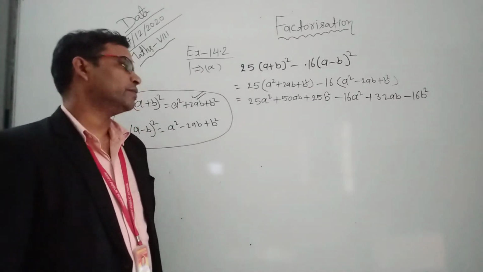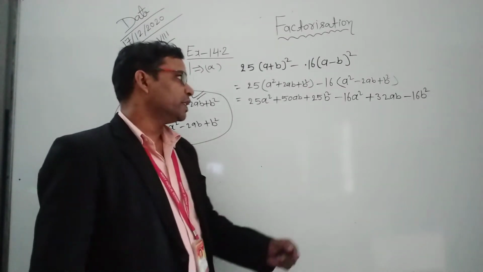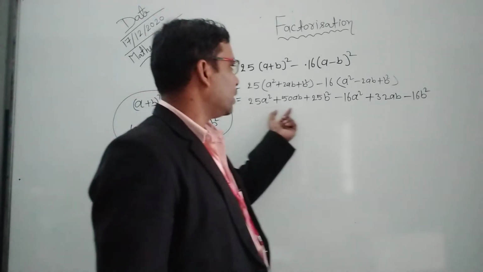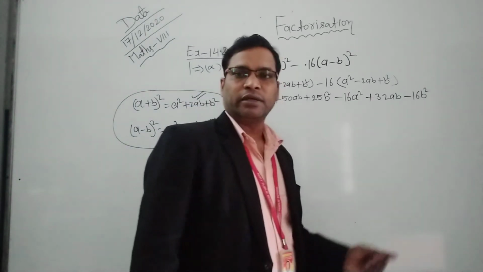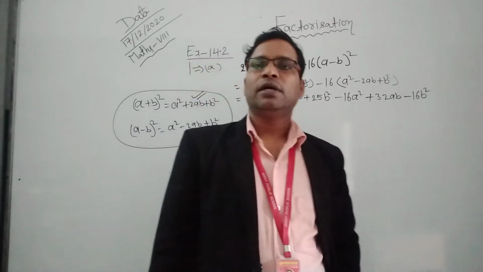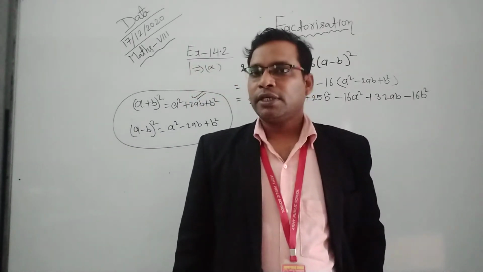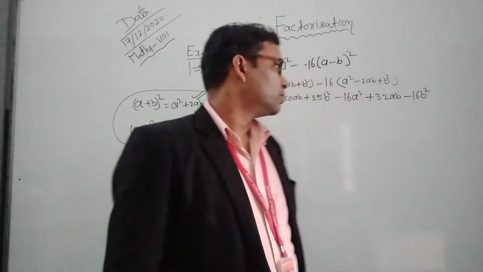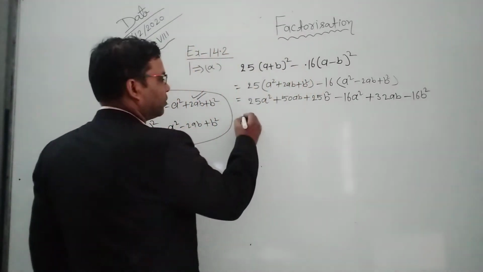Okay, now here you can see 25 b square and minus 16 b square, both are like terms. As you know, addition and subtraction is possible only with like terms. So we write like terms together.